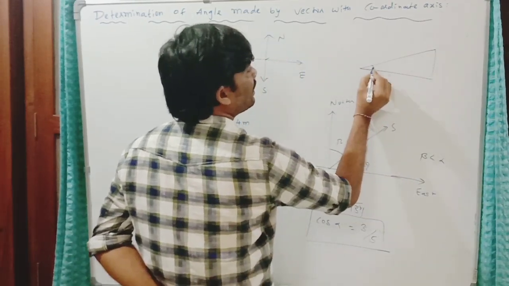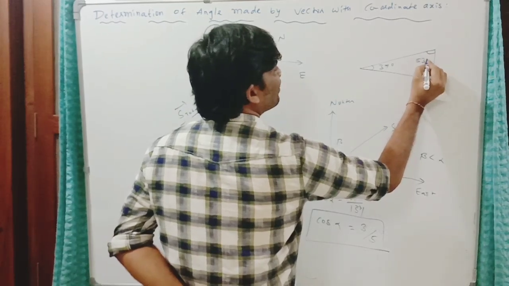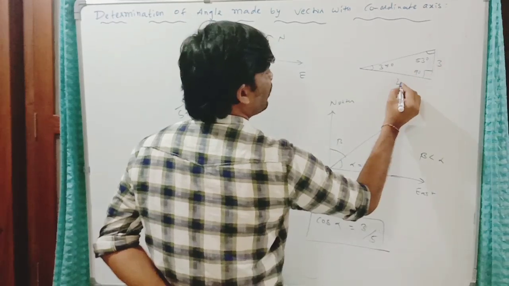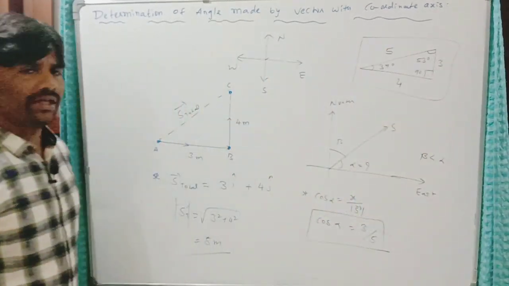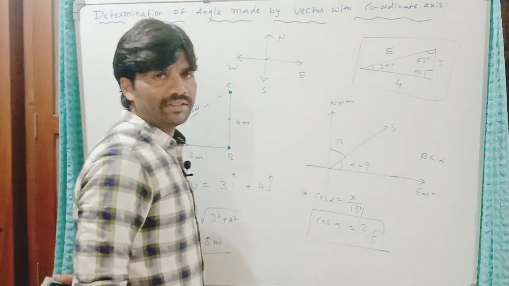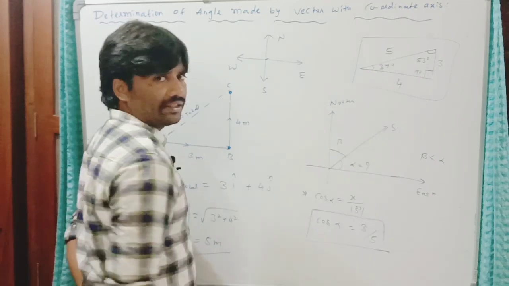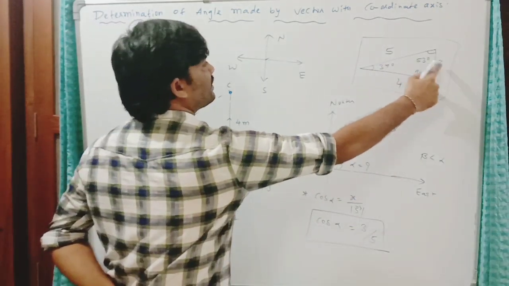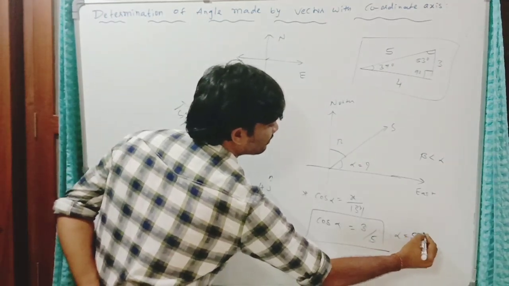We frequently use 37 and 53 degrees. So this is 3 units, 4 units, 5 units. If you remember this triangle, you can write cos 37, sin 37, tan 37 or cos 53, sin 53, tan 53. So based on that, cos alpha 3 by 5 means 53. This alpha is 53 degrees.